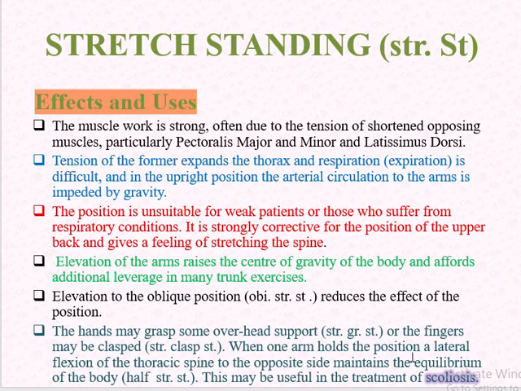When one arm holds the position, a lateral flexion of the thoracic spine to the opposite side maintains equilibrium of the body. That is known as half stretch standing. These are the further modifications of this position, stretch standing.